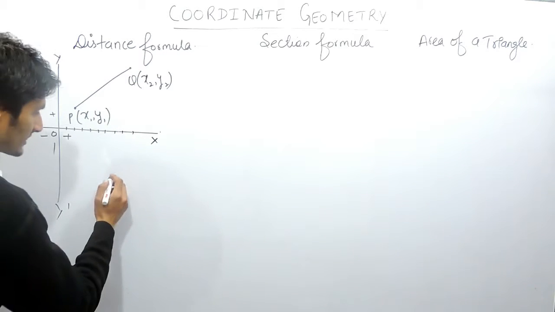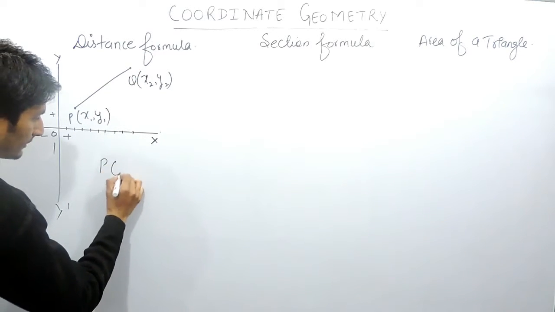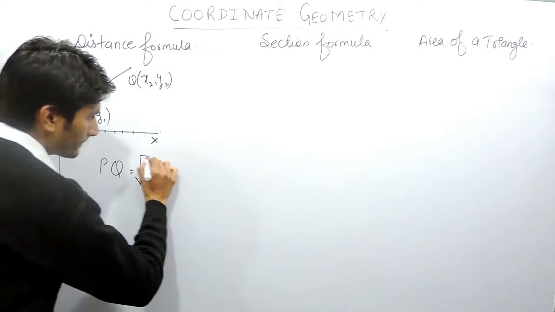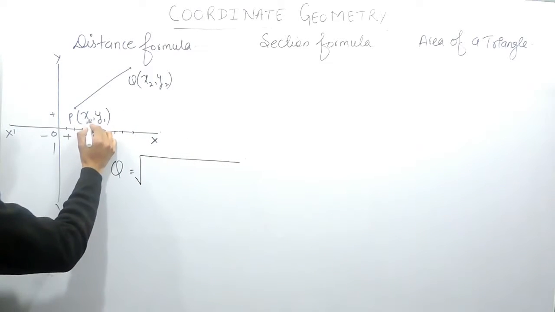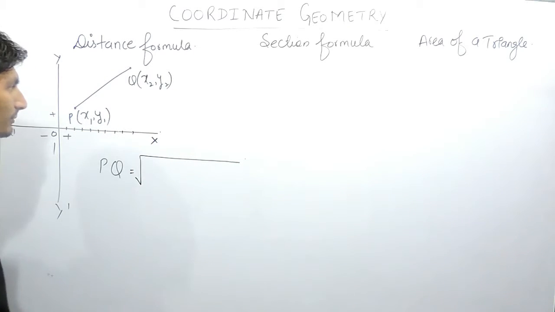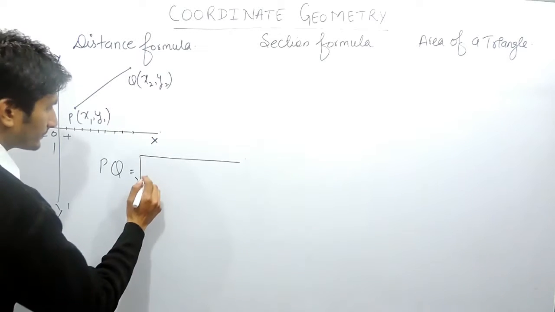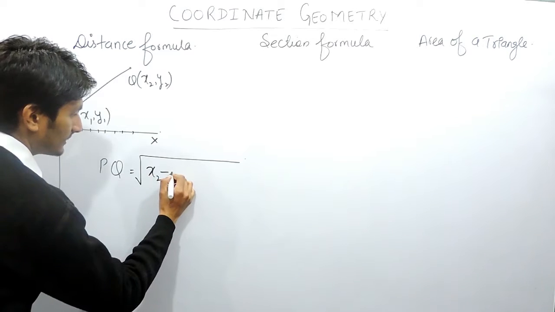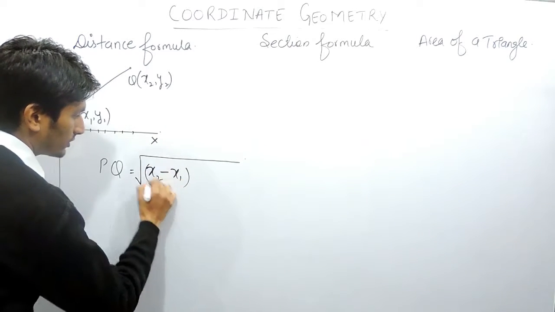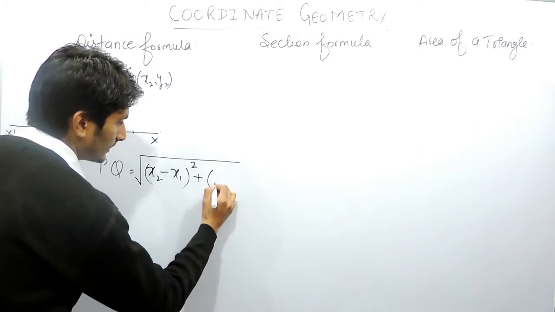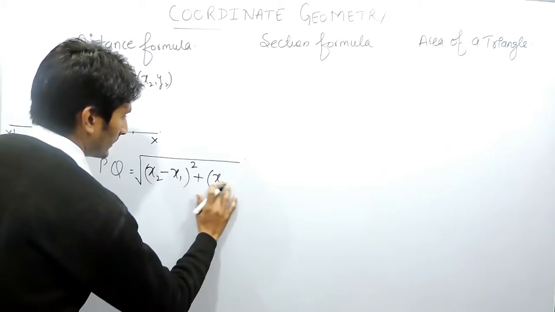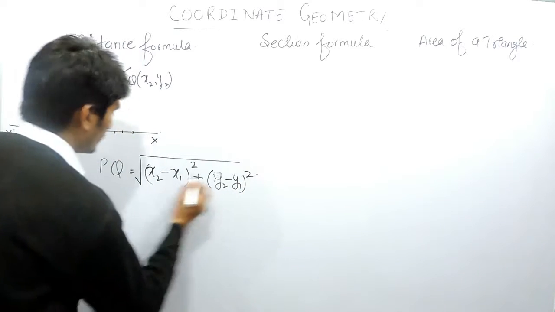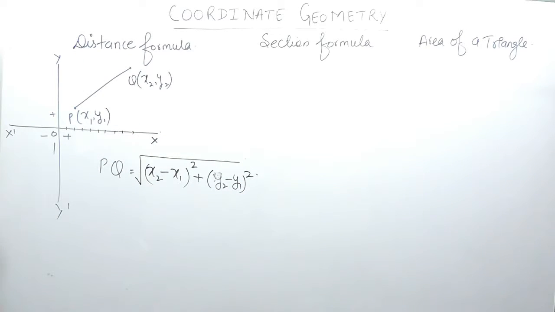The distance formula says that the distance between any 2 points, in this case between P and Q, is the square root of x2 minus x1 whole square plus y2 minus y1 whole square. So this is the distance between P and Q.